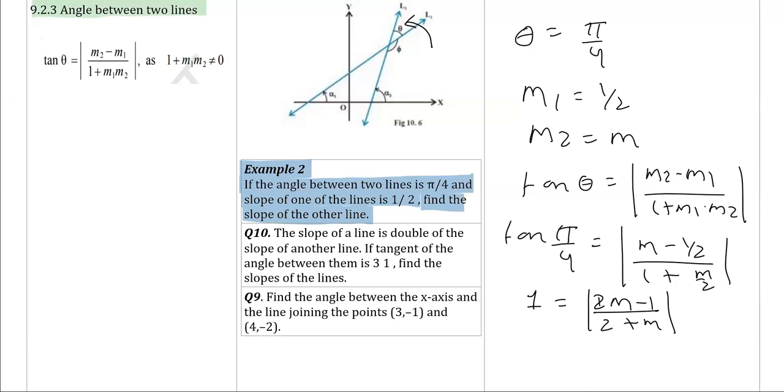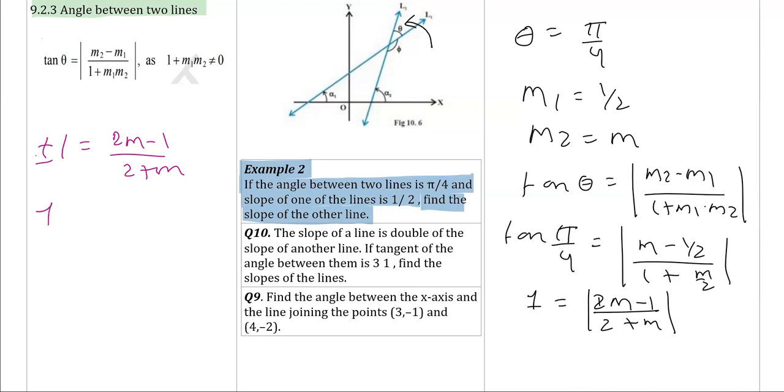Now for further solving, once we remove this modulus sign, we should place plus minus on the other side. So I can write plus minus 1 is equal to 2m minus 1 over 2 plus m.